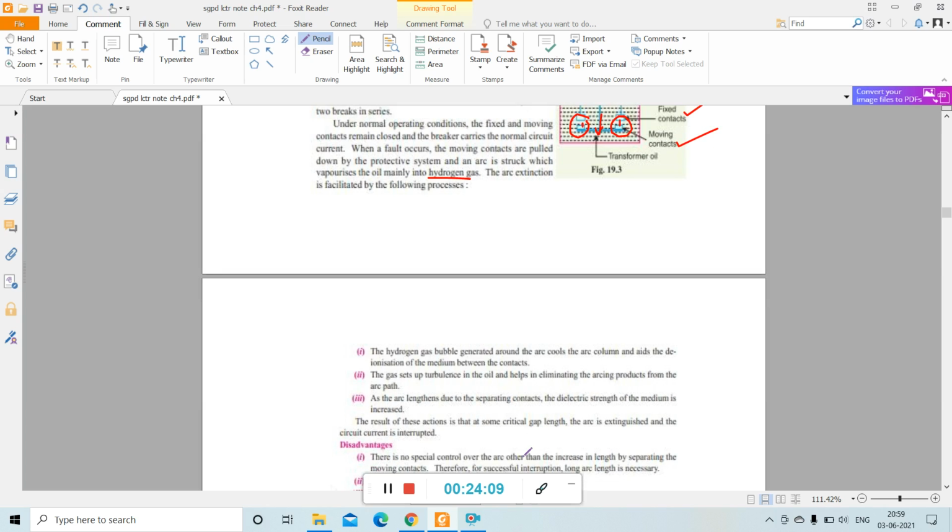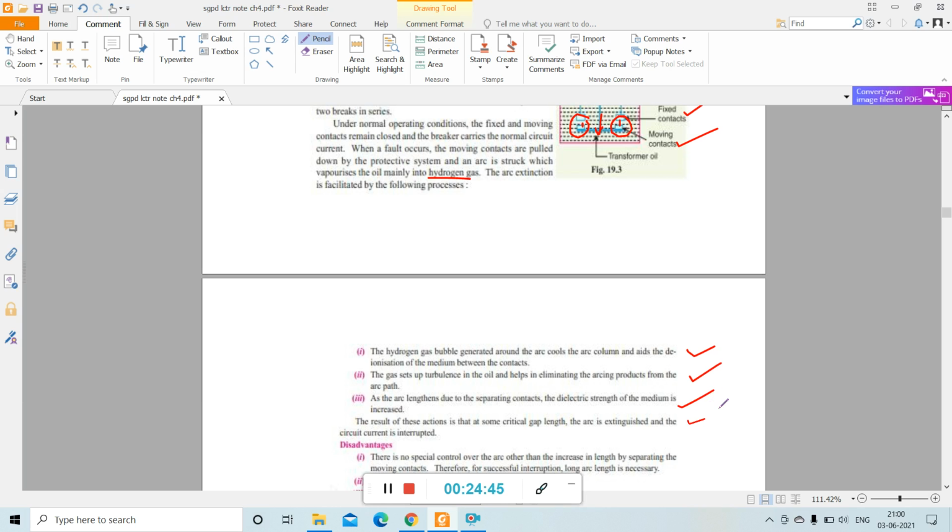The hydrogen gas bubble generated around the arc cools the arc column and aids the deionization of the medium between the contacts. The gas sets up turbulence in the oil and helps in eliminating the arcing products from the arc path. As the arc lengthens due to separating contacts, the dielectric strength of the medium increases. The result of these actions is that at some critical gap length, the arc is extinguished and the circuit current is interrupted.